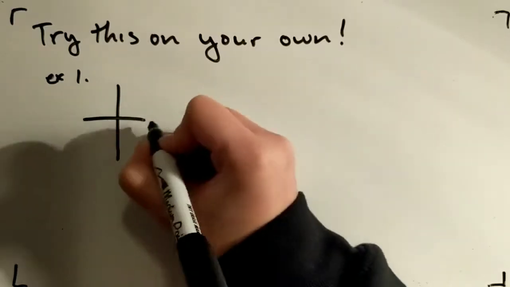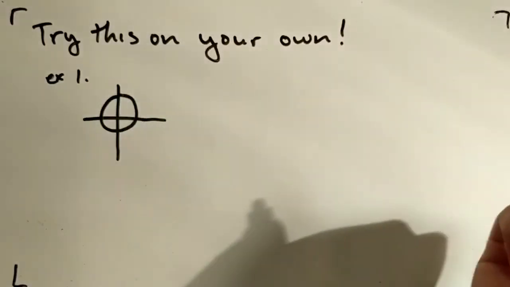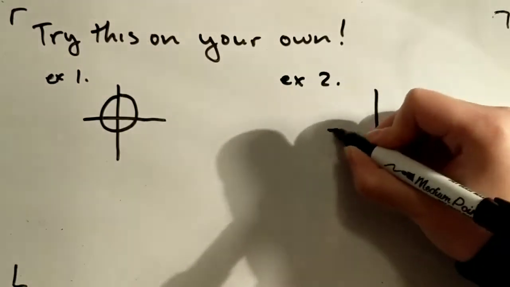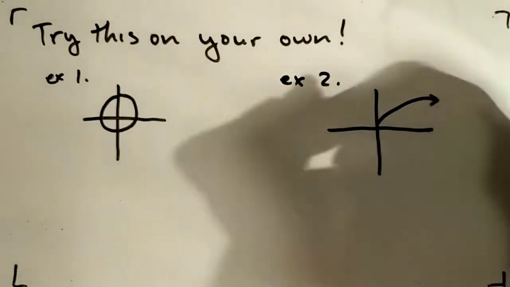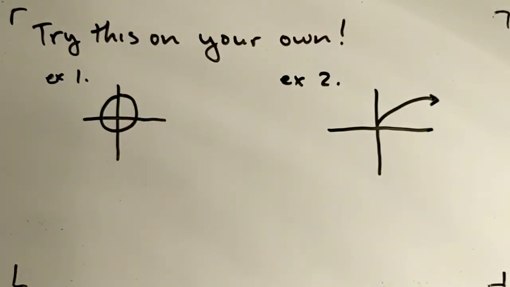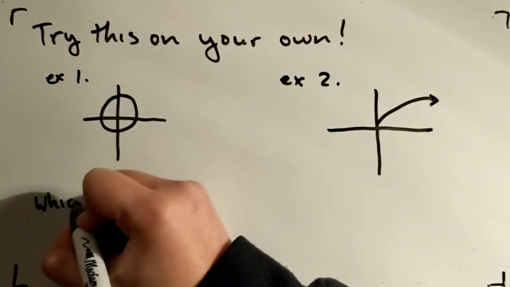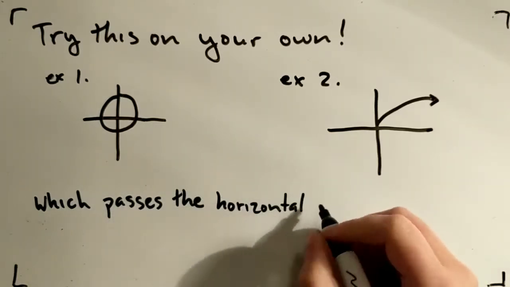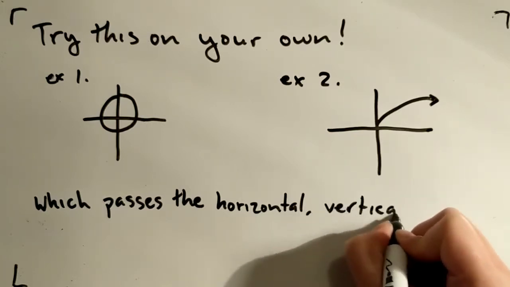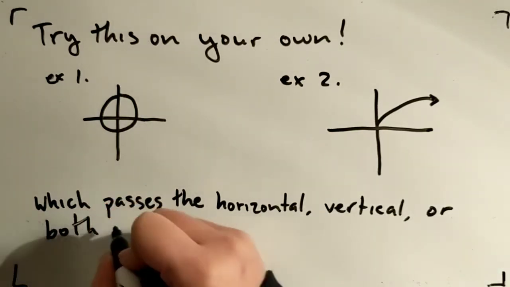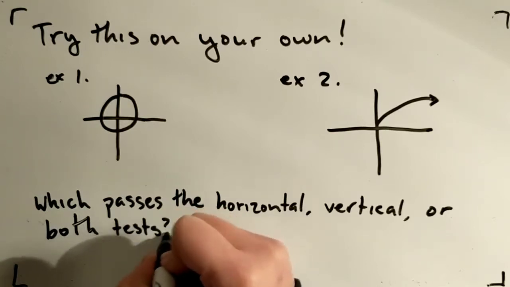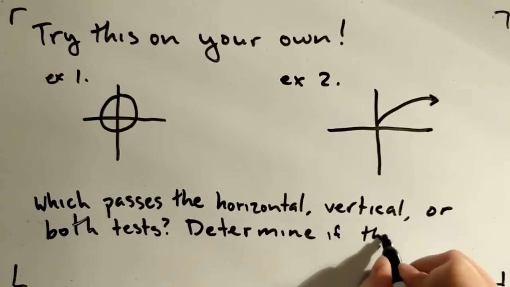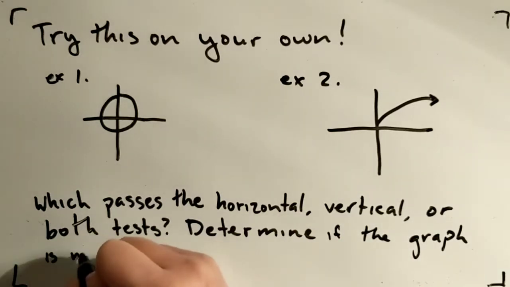Here's a couple to try on your own. So for these two graphs, you should find out which ones pass the horizontal line test, which ones pass the vertical line test, and if any of them pass both.